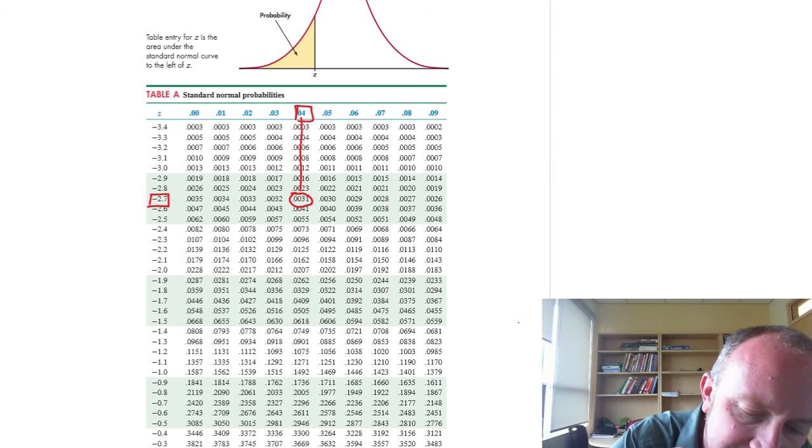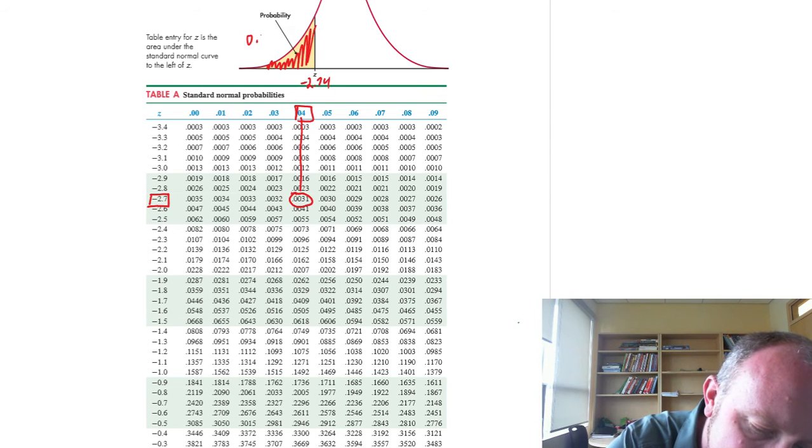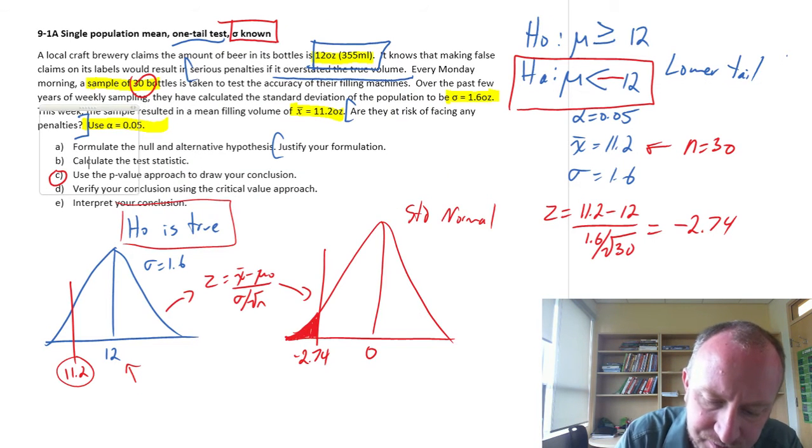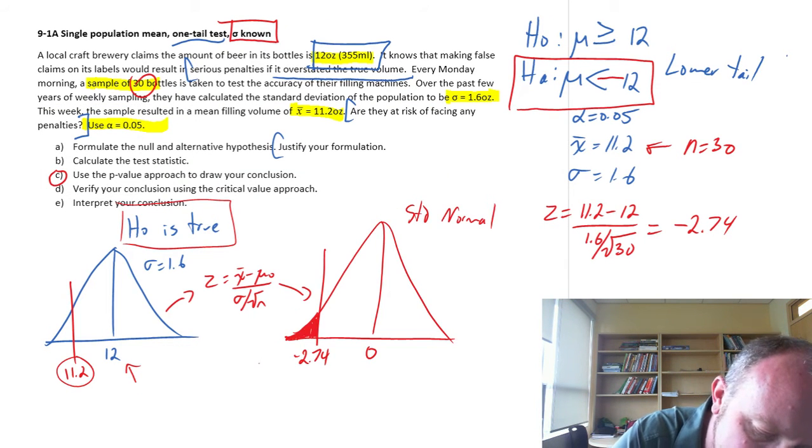As you can see, these tables are giving us lower tail probabilities. So if this is negative 2.74, then this probability is 0.0031.